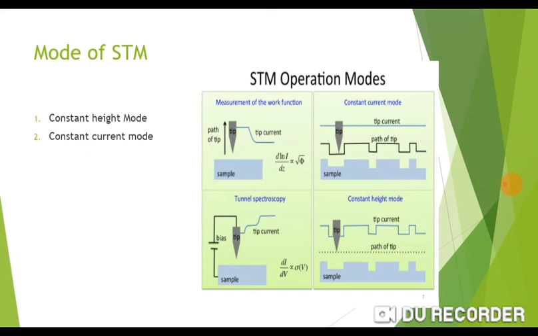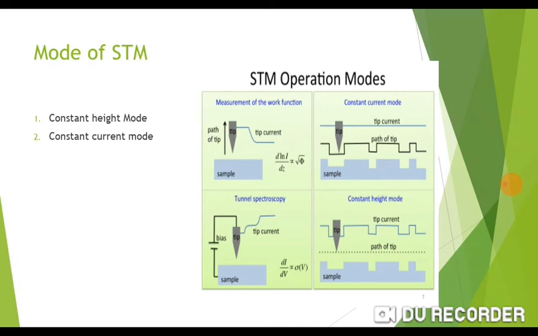In constant current mode, an STM uses a feedback loop such that the tunneling current is kept constant by adjusting the tip height. What does it mean?